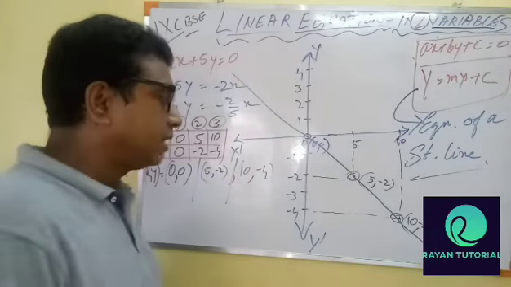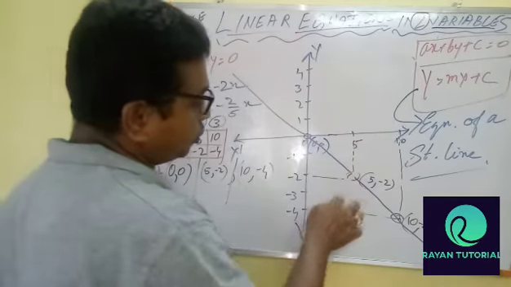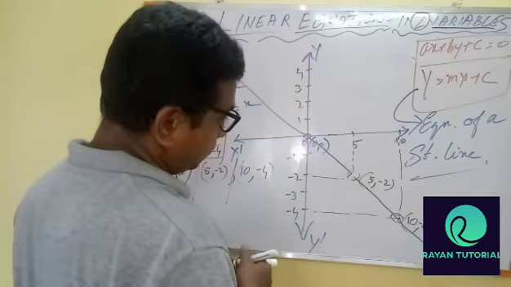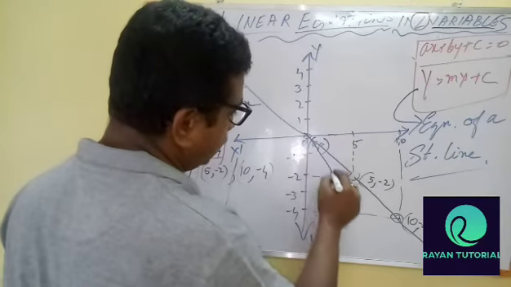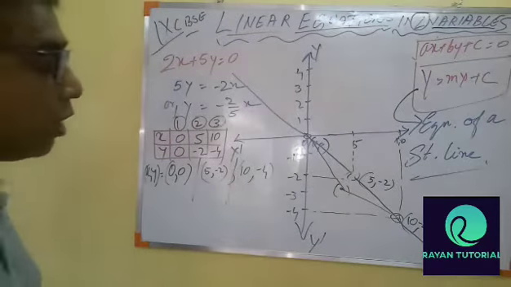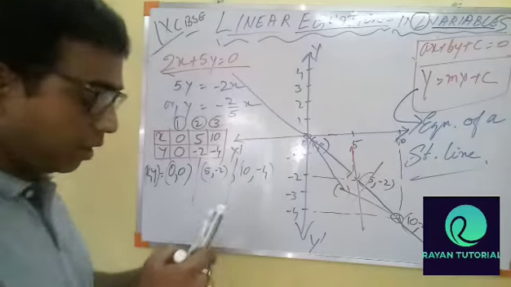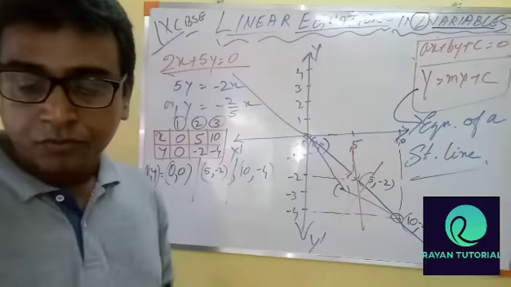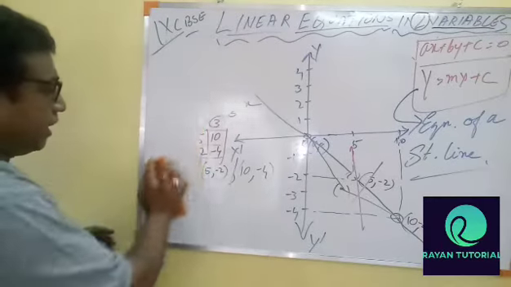By chance, if you don't find the straight line, suppose this point comes here, this point comes here, that means the line would be like this. So you can understand that your calculations are wrong or the equation is printed wrong. Clear? Understood?